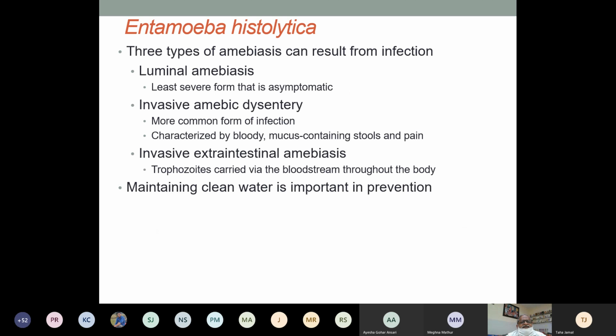Three types of amoebiasis can result from infection. A luminal amoebiasis is the least severe form, and most of the time it remains asymptomatic.